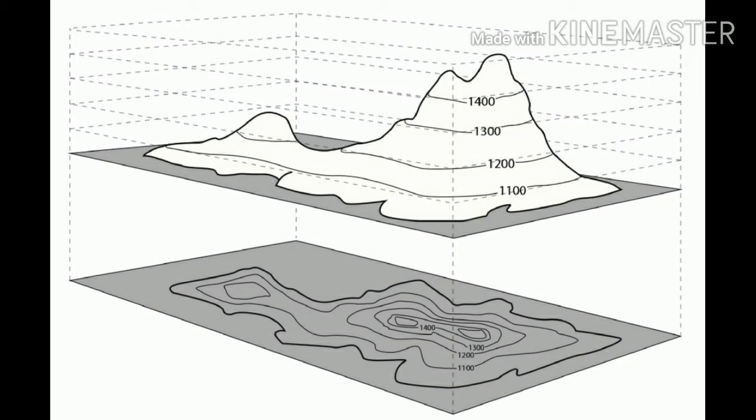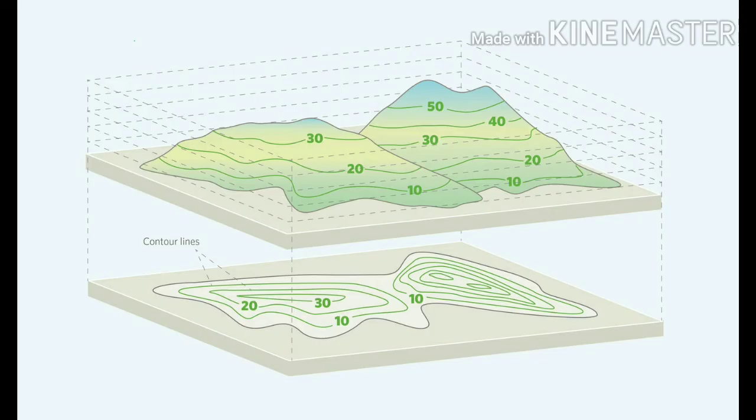We can't show heights on a flat surface. That's why we use contour lines. This definition was also learned in 7th class. Contour lines are lines on the map joining places of the same height. Contour lines give indicators of the slope of the land as well as the elevation above sea level.